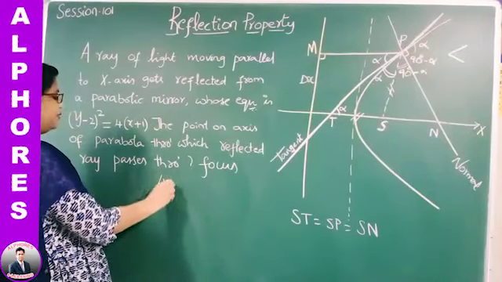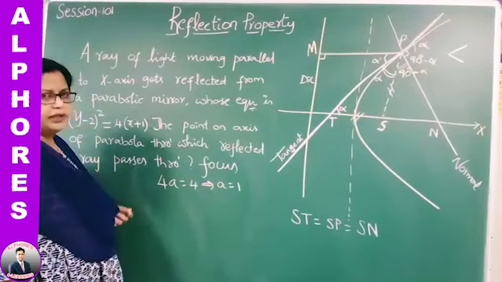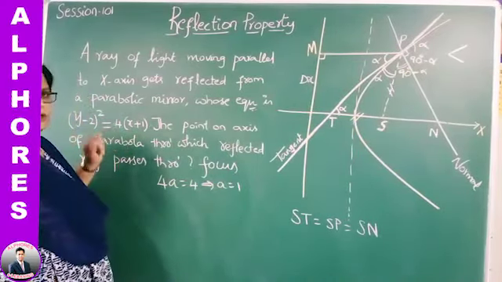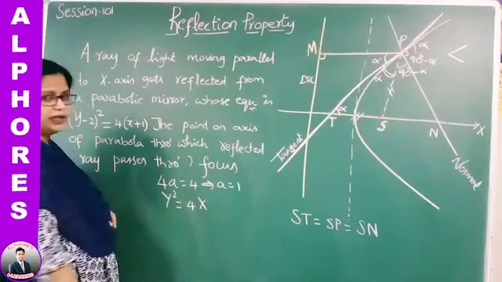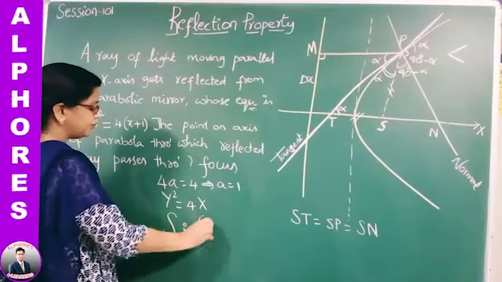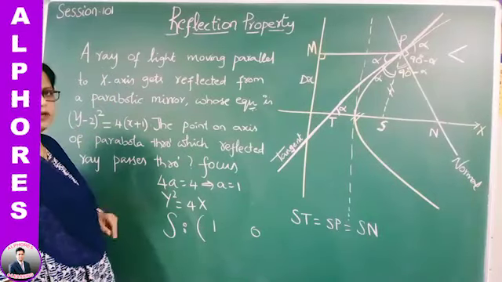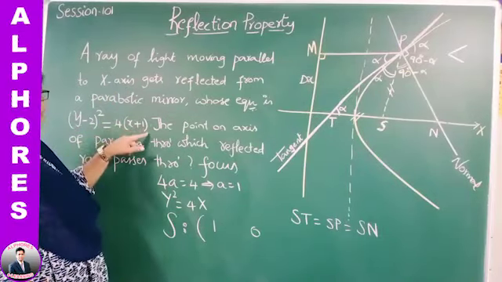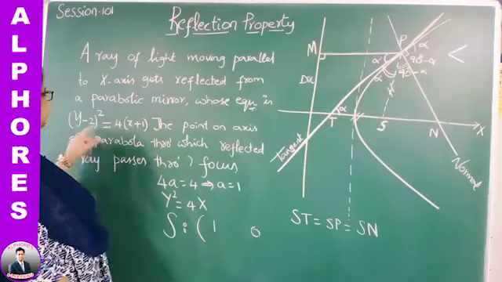What is our 4a value here? It is 4, which implies a equal to 1, and it is of the form y square equal to 4x. Therefore the focus is nothing but (1, 0), a, 0. But what about this one? That means what is the vertex of this parabola? (-1, 2).